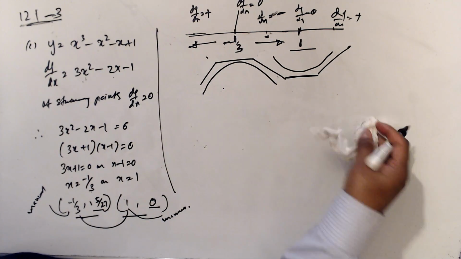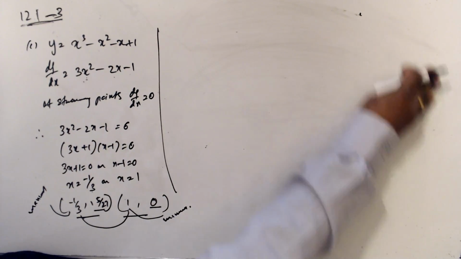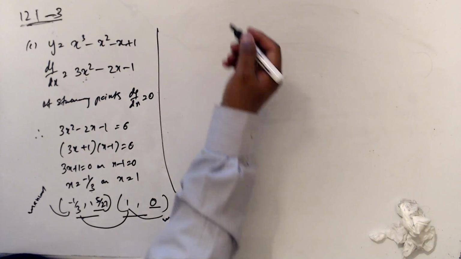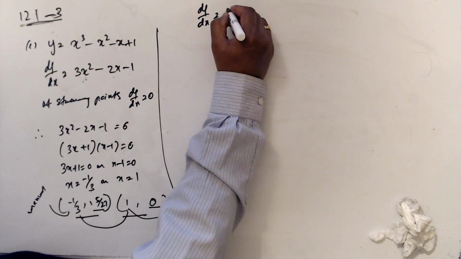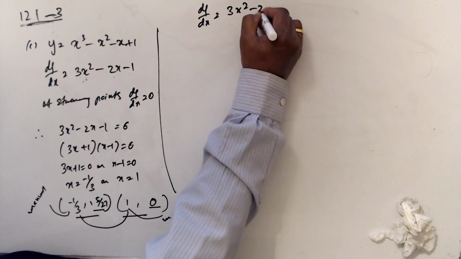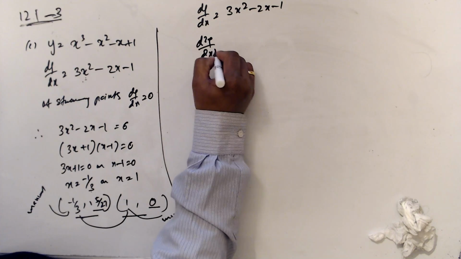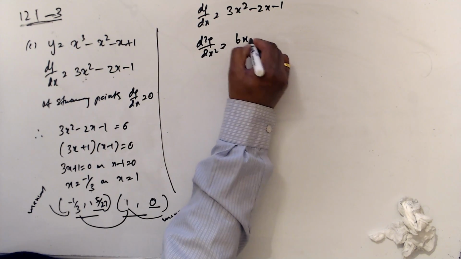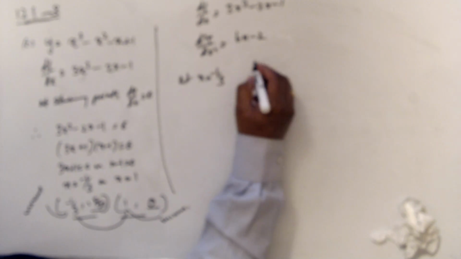But we want to show properly, so we'll go with the double derivative, the second derivative. So dy by dx equals 3x squared minus 2x minus 1, and d squared y over dx squared equals 6x minus 2. Now at x equal minus 1 over 3, what is the value of d squared y over dx squared?